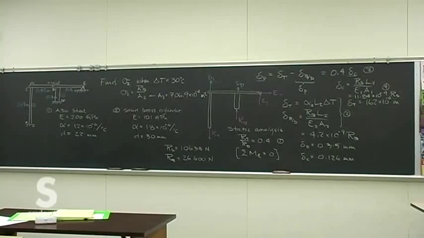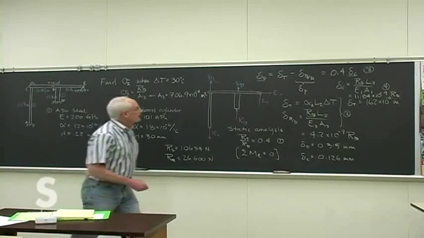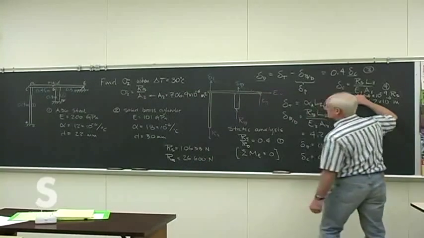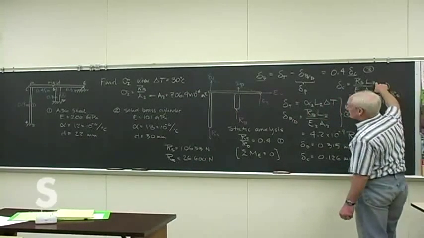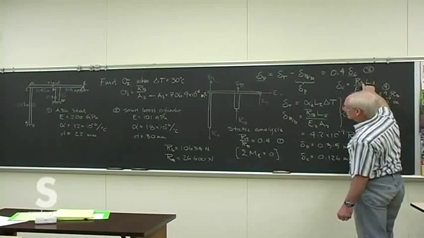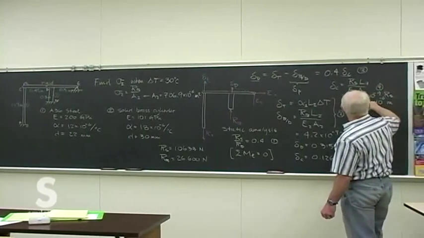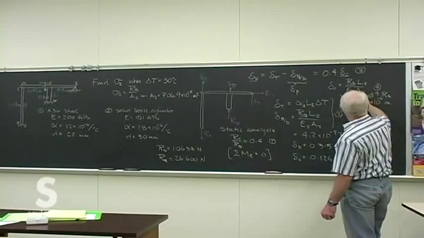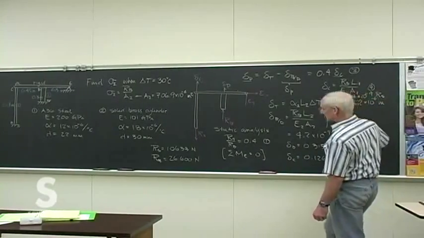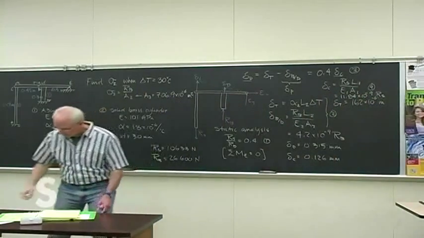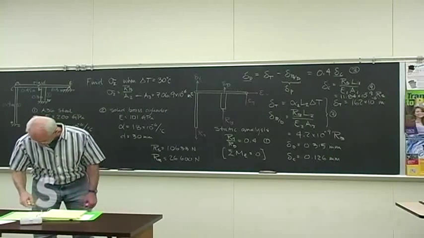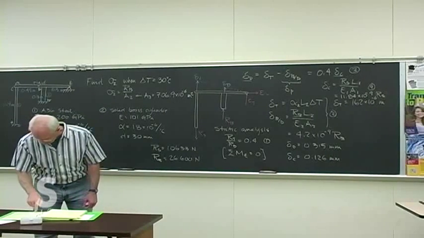I think what you have over in the corner where it says number 4 should be del D. Well, if it's based on the steel and piece 1, that 11.84 times 10 to the negative 9 times RS equals 0.126 millimeters.